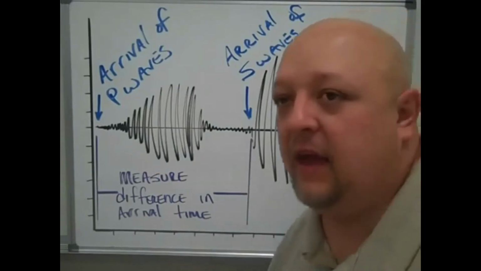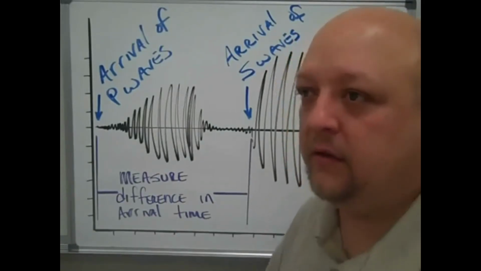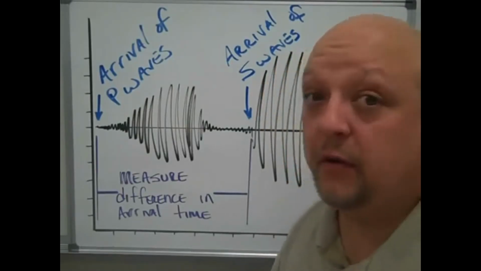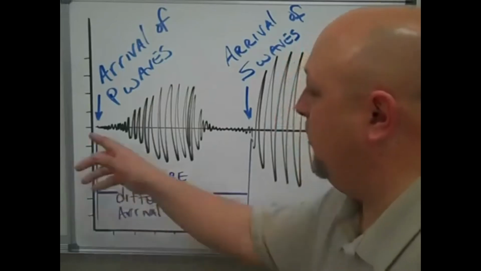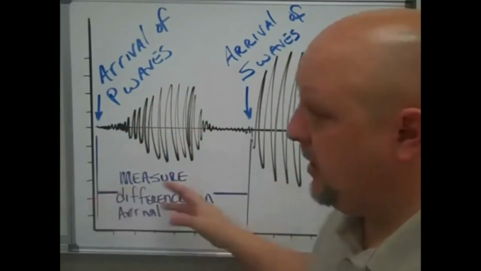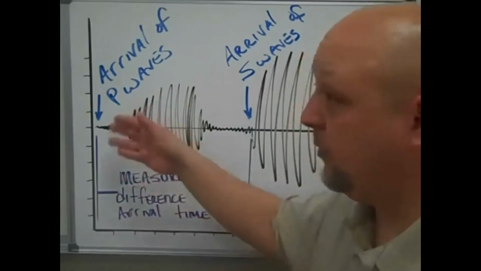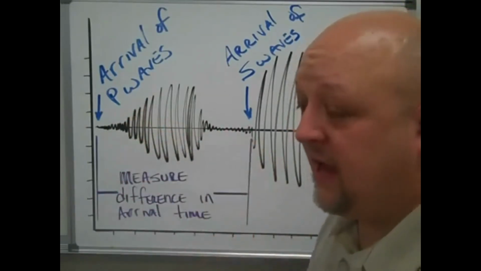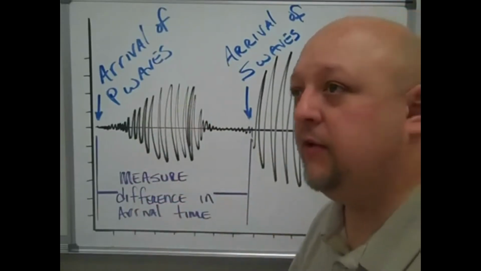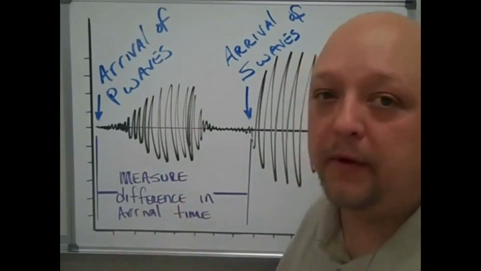So let's say that we're here at the University of South Carolina, right down the road, and the seismograph goes off and records that there's an earthquake. It records the P waves, it records the S waves, and they measure the difference in the time between the arrival of P and the arrival of S, and we calculate how far away that is, and we know that the earthquake happened 3,000 kilometers away.